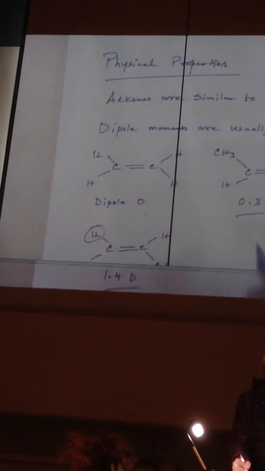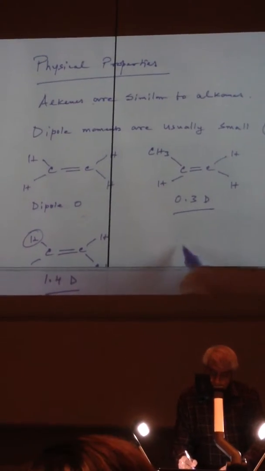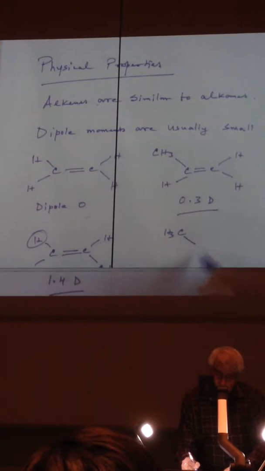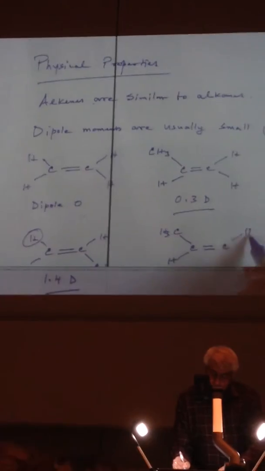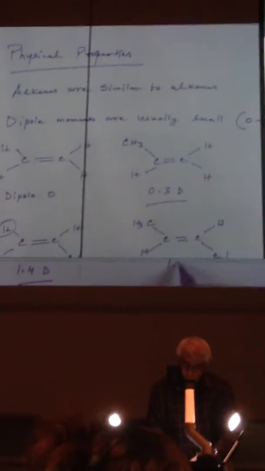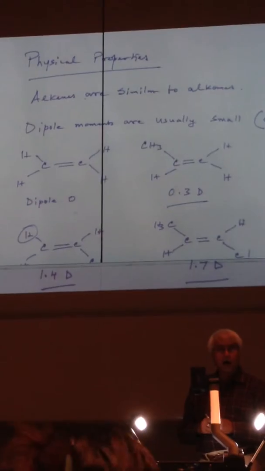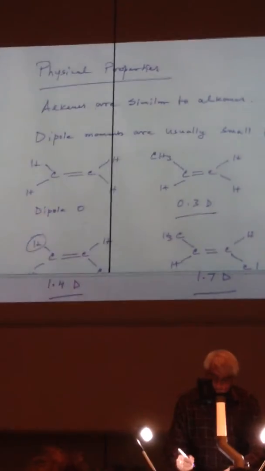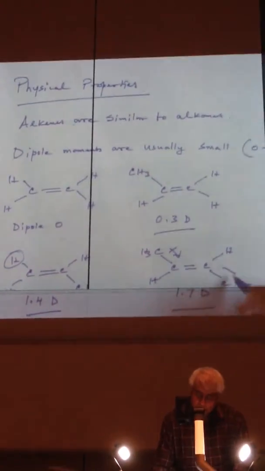And now, if I replace this hydrogen with the methyl, then because it's donating in the same direction, the dipole actually increases. So if you add the methyl, it becomes 1.7 debye, which is clearly calculated from the 0.3 debye unit of the methyl group donating towards the bond, and then the chlorine is actually withdrawing. So it's in this direction.